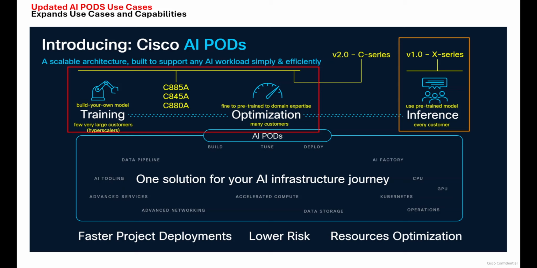More sales here. So both of those boxes, the C885 and the C845, have AMD CPUs and support the H100 and H200 GPUs, as I already mentioned. They also both support AMD GPUs.